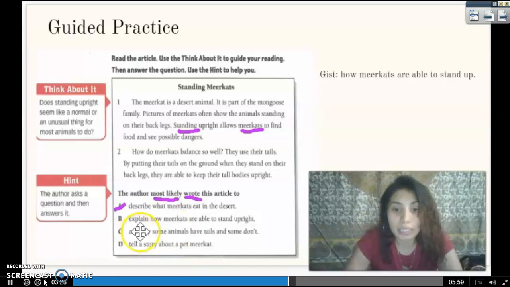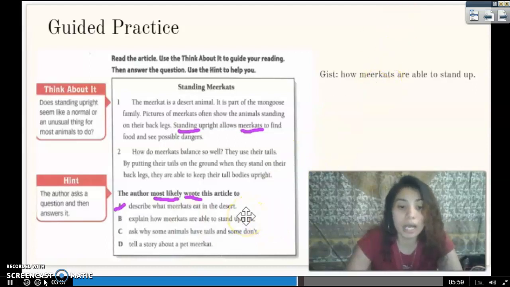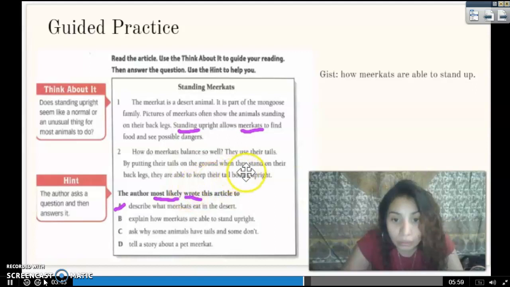Maybe, let's see, explain how meerkats are able to stand upright. Maybe, right? That's kind of what we put in our gist. So maybe in paragraph 2, I know the author asked how do meerkats balance so well.